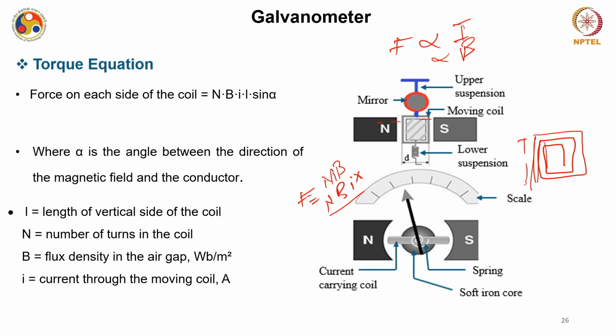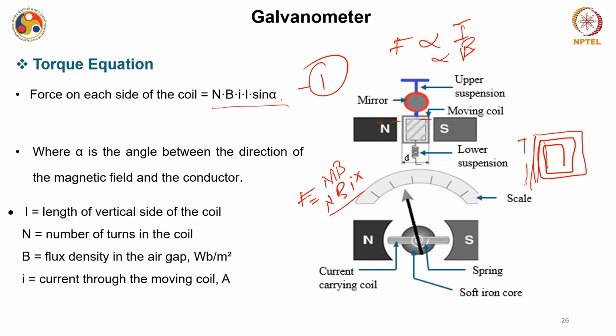So the force on each side of the coil is given as NBIL sin alpha, where alpha is the angle between the direction of the magnetic field and the conductor, L is the length of the vertical side of the coil, N is the number of turns of the coil, B is the flux density in the air gap in Weber per meter square, and I is the current through the moving coil. So this is the first equation.